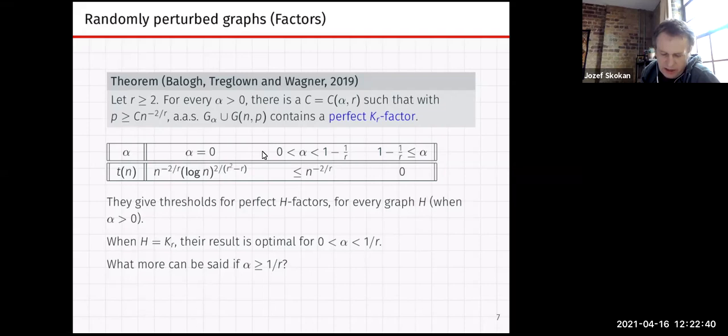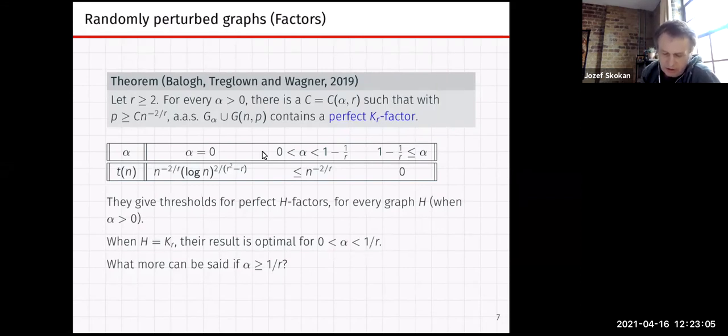That will be the appropriate threshold function in this perturbed model. And why is this upper bound 1 minus 1 over r? Again, the Hajnal-Szemerédi theorem tells you that under this condition you already have perfect factors, so you don't need any help from the random edges.